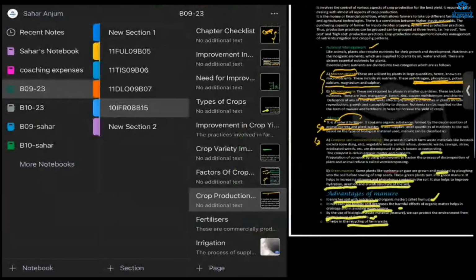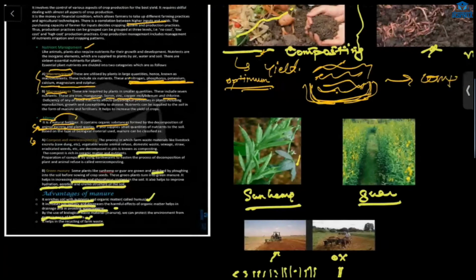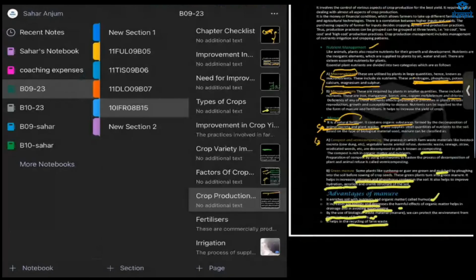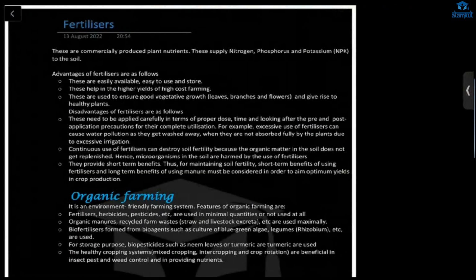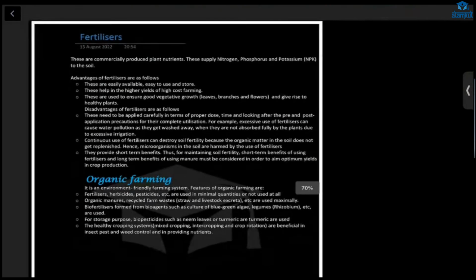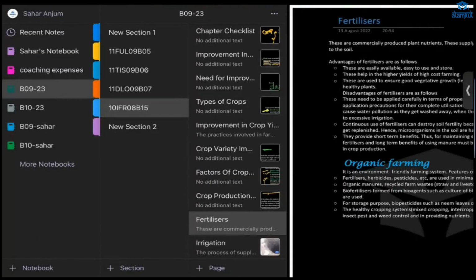Okay, time over. So today we'll stop here. In the next class we'll talk about fertilizers. We have talked about the natural fertilizers in this class. In the next class we'll talk about the artificial fertilizers, the chemically made fertilizers, how they are affecting.